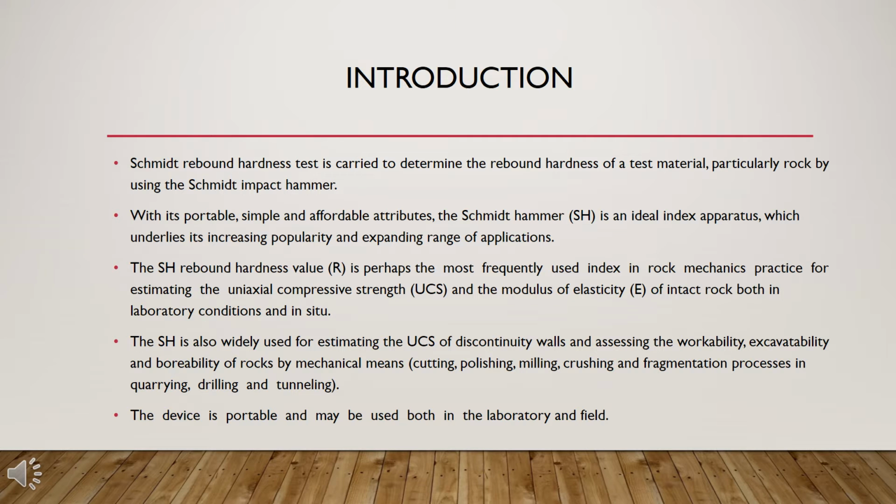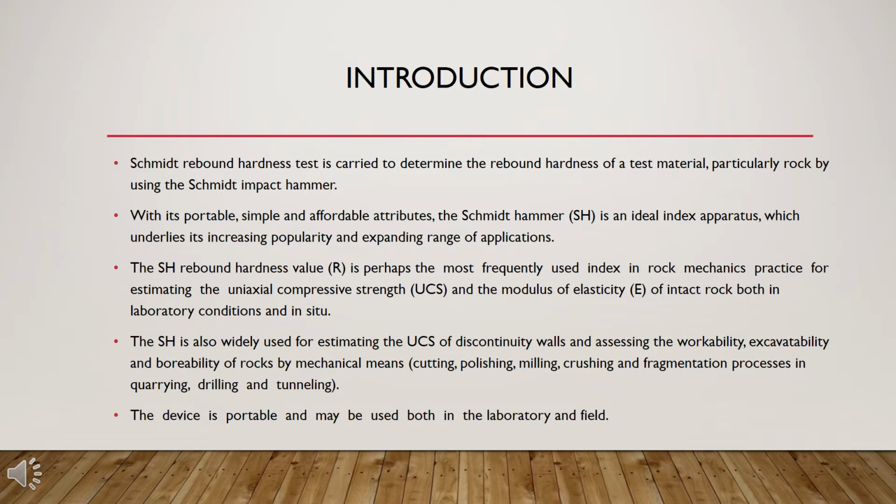The rebound hardness value is the most frequently used index in rock mechanics practice for estimating the uniaxial compressive strength and the modulus of elasticity E of intact rock, both in laboratory conditions and in situ.